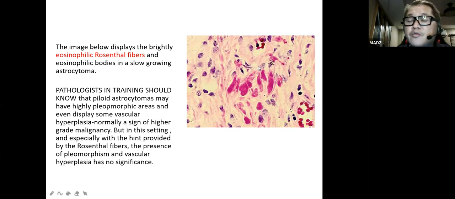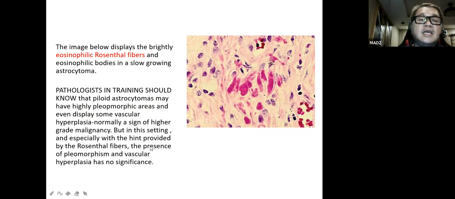So in slowly growing astrocytoma, you see these eosinophilic fibers. If you see this, most of the time the astrocytoma is a grade 1 or a slowly growing one. Pathologists in training should know that the pilocytic astrocytoma may have highly pleomorphic areas and even display some vascular hyperplasia, normally a sign of a higher grade malignancy.